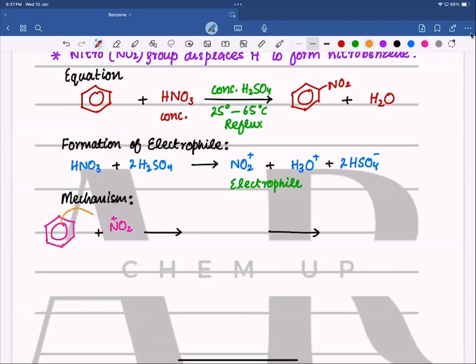So benzene from its pi system attacks the NO2 positive. See, if you look, all the mechanisms are exactly the same. The only difference is the electrophile.